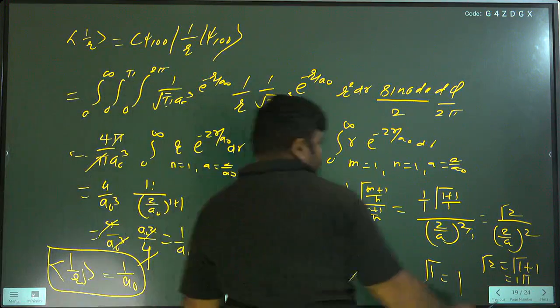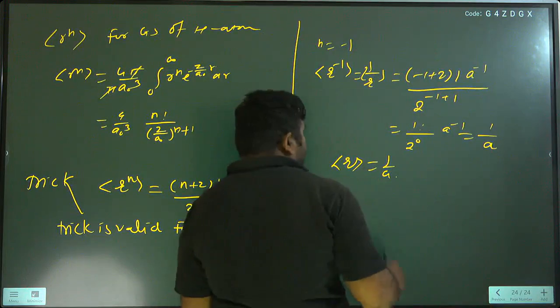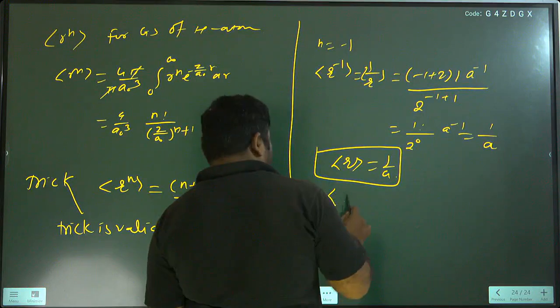Okay, next. Expression of 1/r is equal to this one. Next, 1 upon r square or r to the power minus 2.